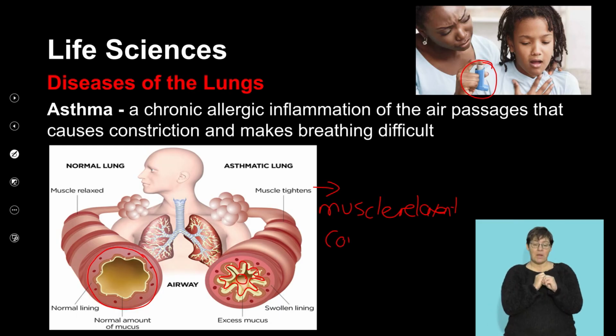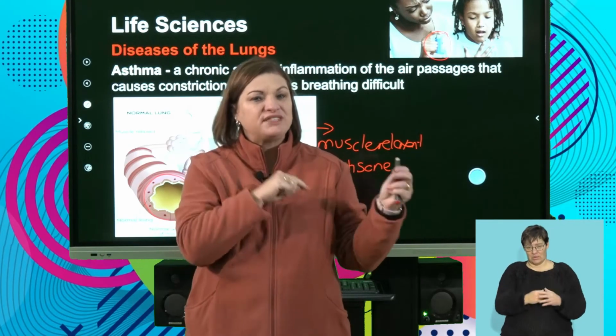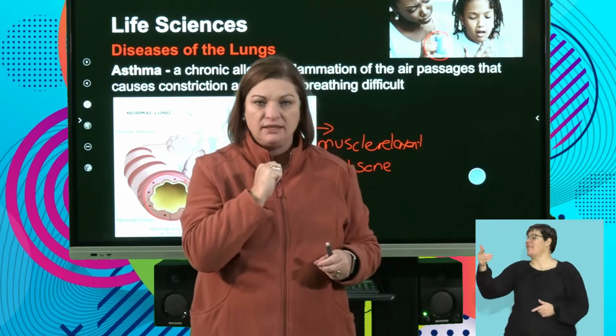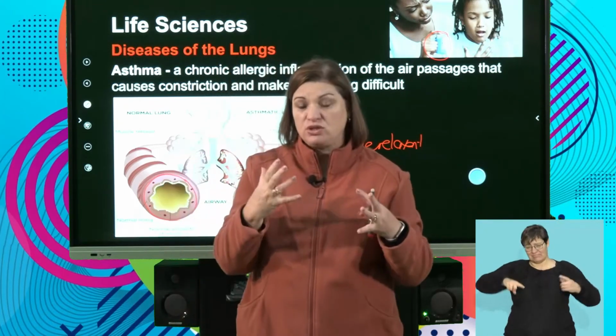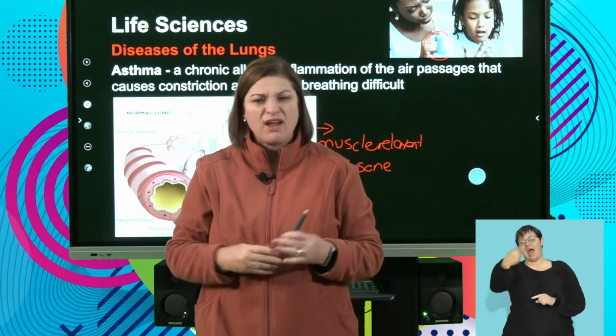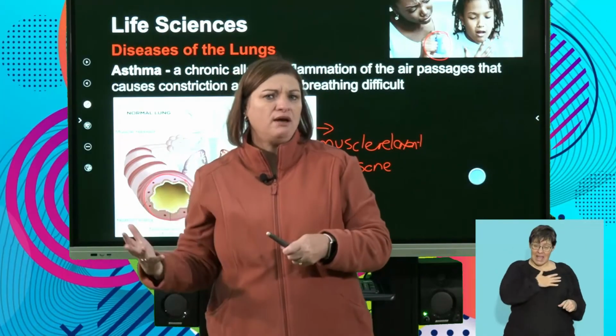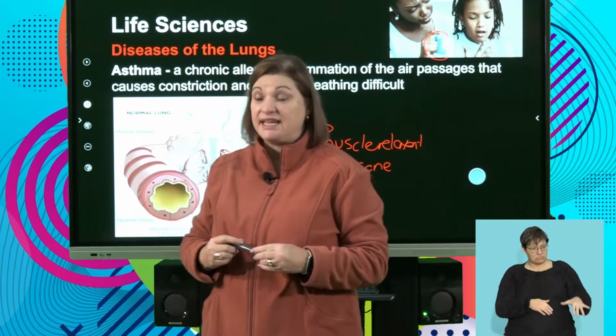Some of them also have cortisone in, and that cortisone stops the inflammation. And it's not healthy if you don't have asthma to use somebody's asthmatic inhaler. There are different kinds of inhalers. When you're sick, you can also get an inhaler, but it's different from those who have asthma. Sometimes children grow out of it, but if you do have asthma, you'll see most of the time they'll have that inhaler with them.